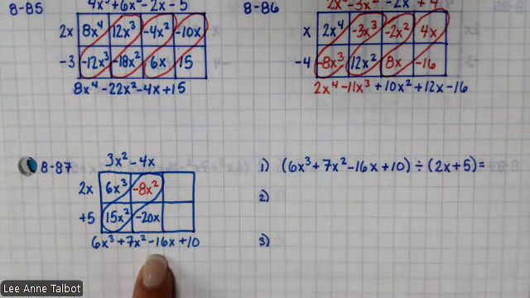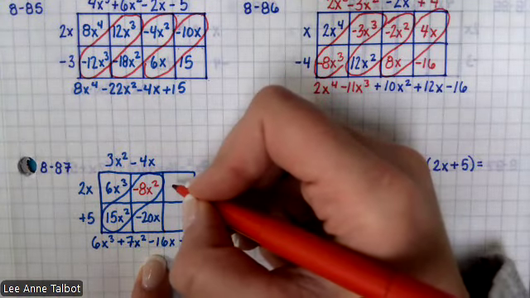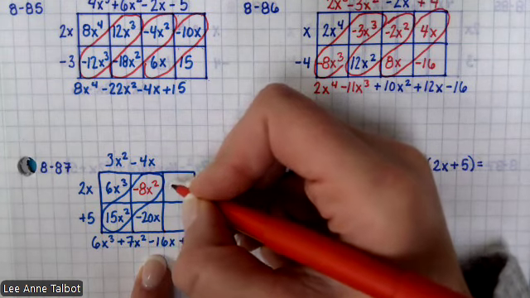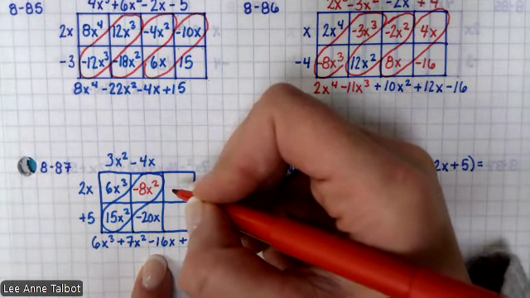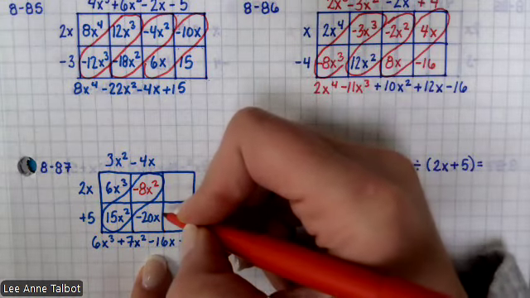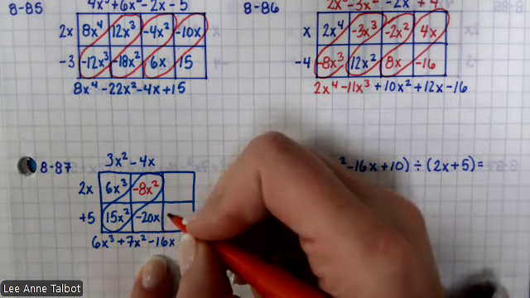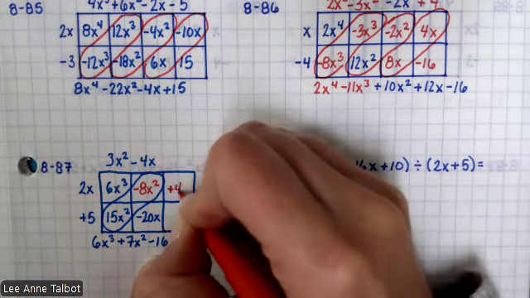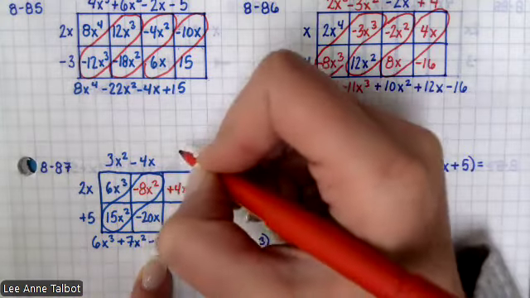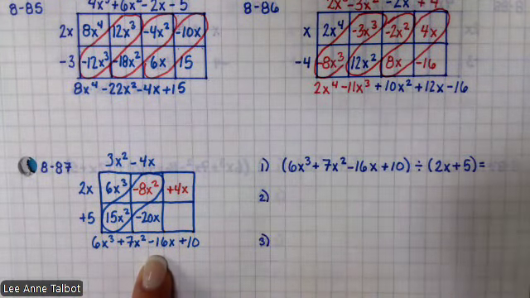So I need to have negative 20. I only want negative 16, so I have to add 4. Yeah. You're already doing the top.